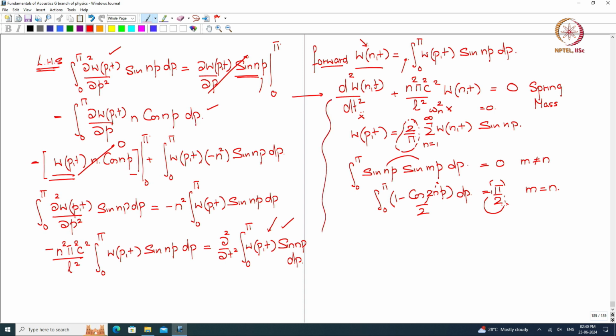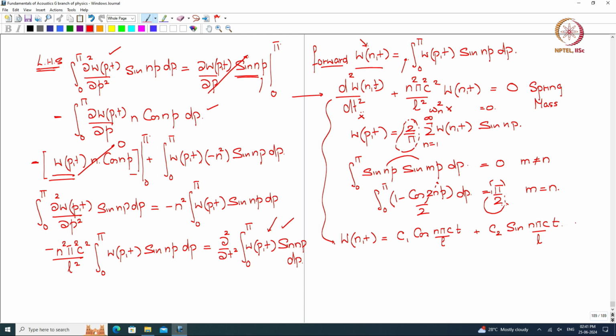The solution to this is W of n comma t equal to C1 cos of n pi c by L into t plus C2 sine n pi c by L into t. We could have an exponent solution, but I am taking the sine solution.